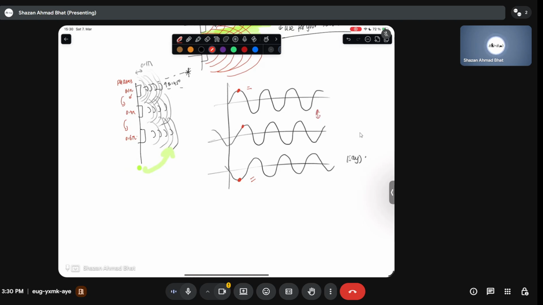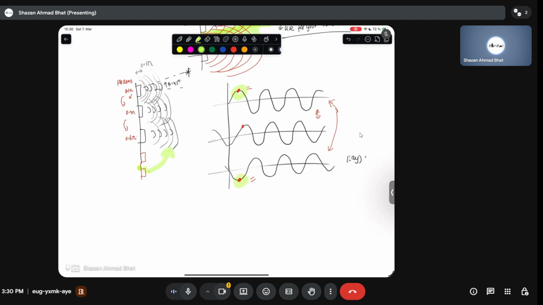So these two waves can add, these two waves can destructively interfere, and accordingly, you have so many of these electromagnetic waves now because you have so many linear arrays. So what happens because of these constructive and destructive interferences? You have essentially cancelled the beam in certain directions.